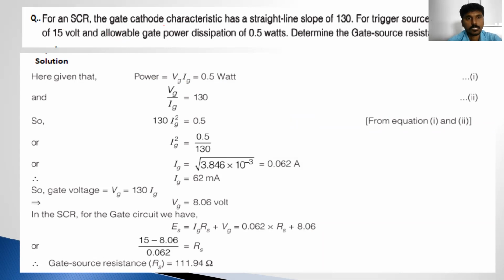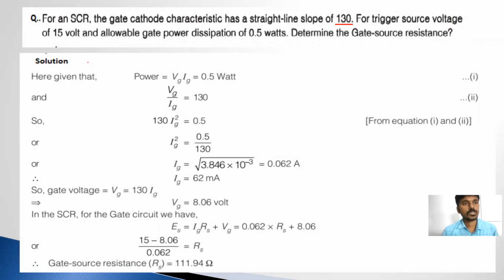For an SCR, the gate cathode characteristic has a straight line slope of 130. The trigger source voltage is 15 volts.